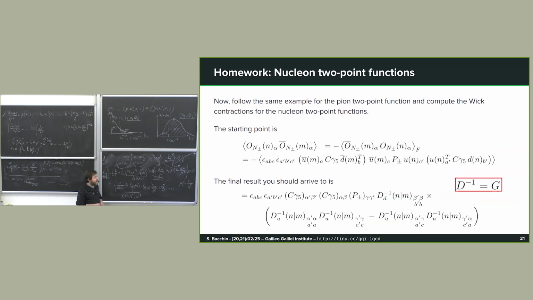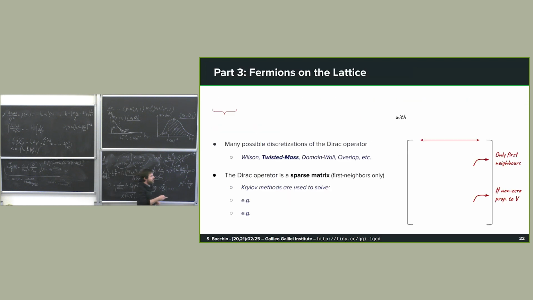Here, in a different notation, the D inverse is actually G. I will explain in a second what this means, but you should get something similar. Okay. So basically, in the nucleon, where you have multiple U's, we have multiple terms because these are all the possible combinations in which you close the U. Right? You're familiar with this, right? Perfect. If you have questions, ask.